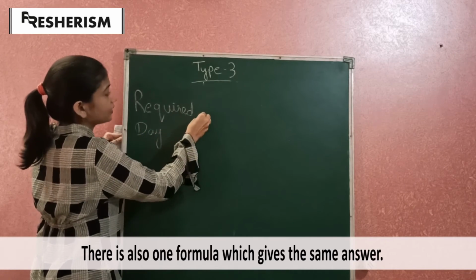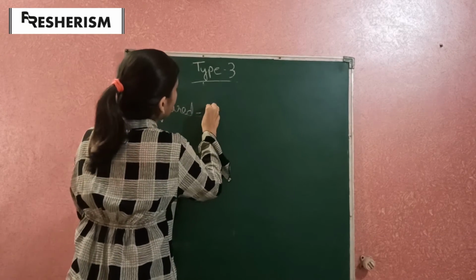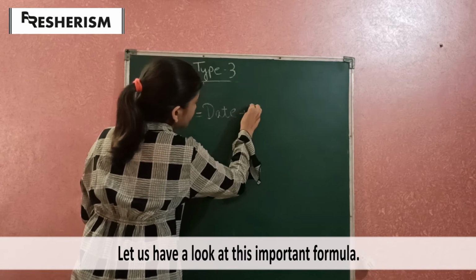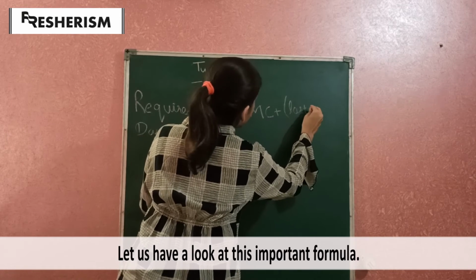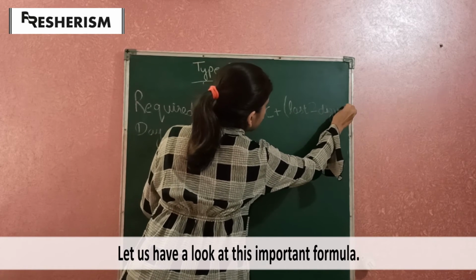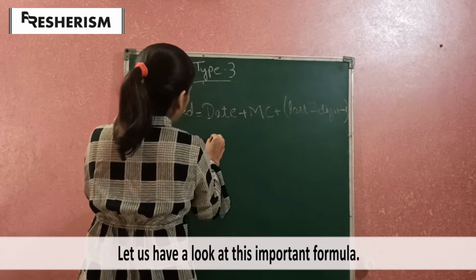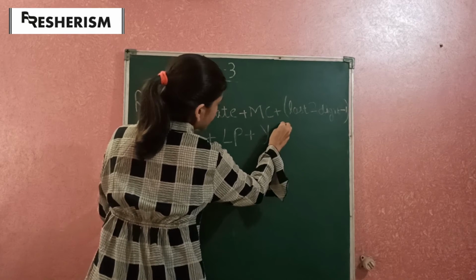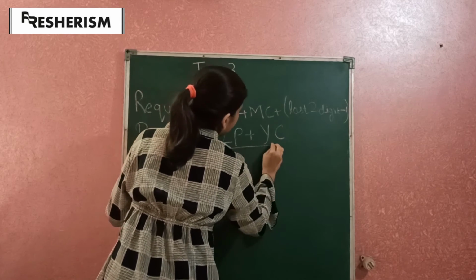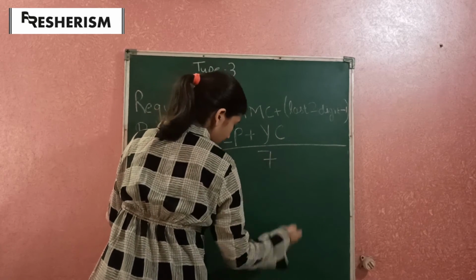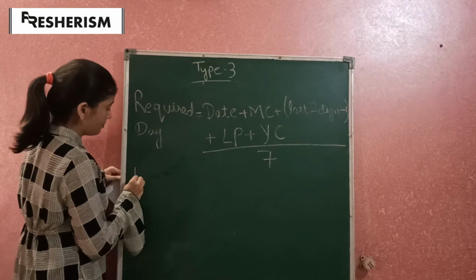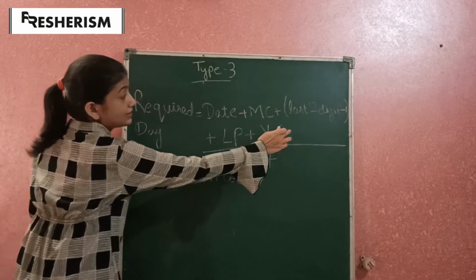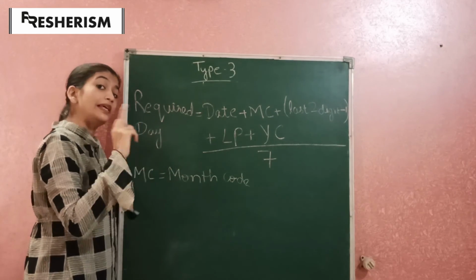Required day is equal to date plus MC plus last 2 digits minus 1 plus LP plus YC, entire thing divided by 7. So here MC is equal to month code.